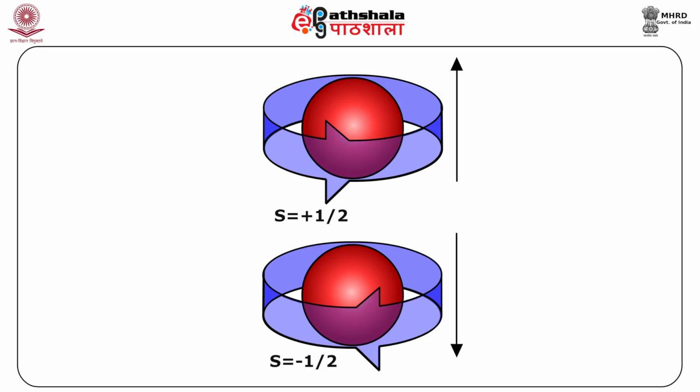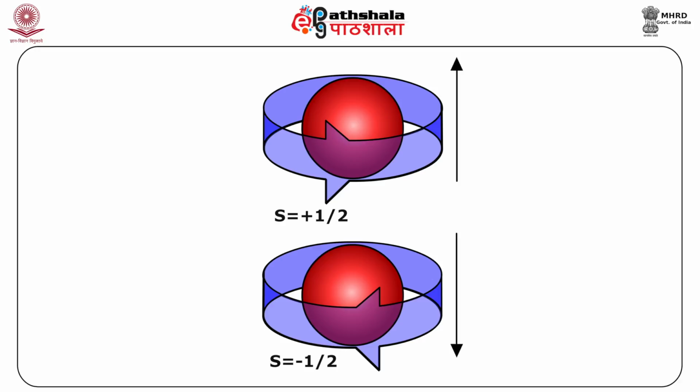This means to know which way it is spinning on its own axis. The electron can either spin clockwise or anti-clockwise. Likewise, the labels are +1/2 or -1/2.